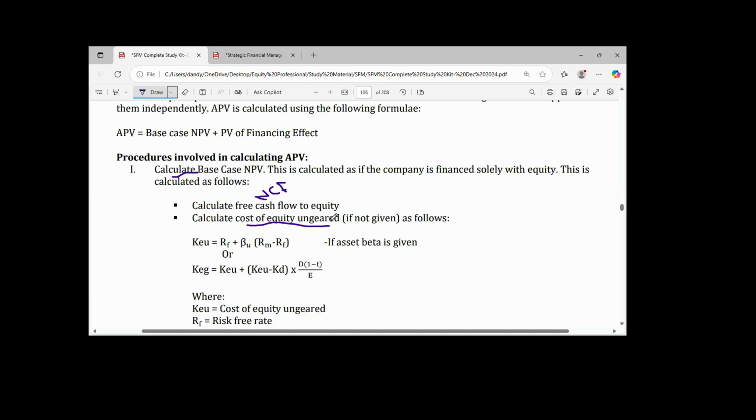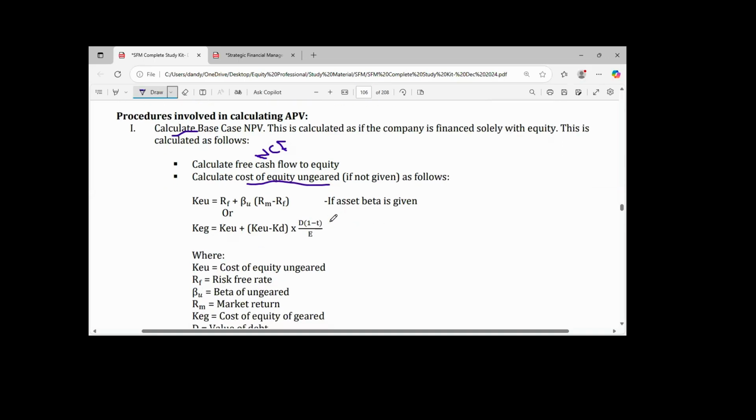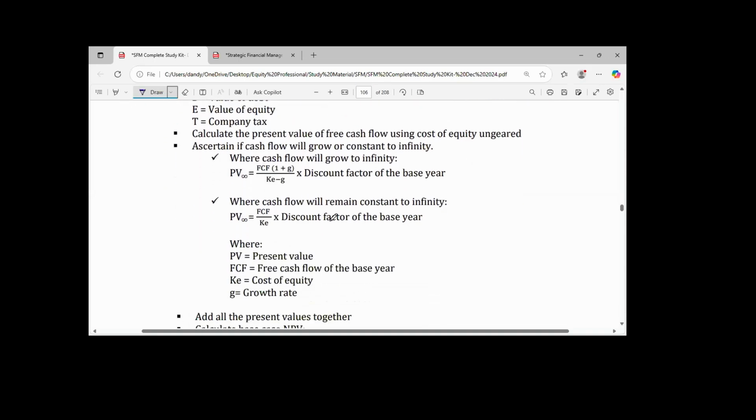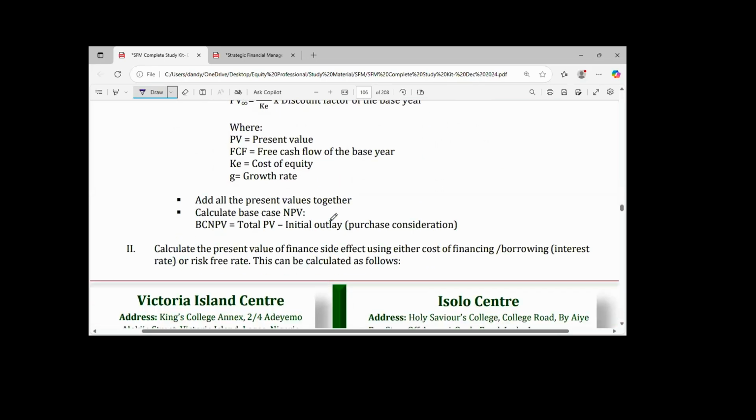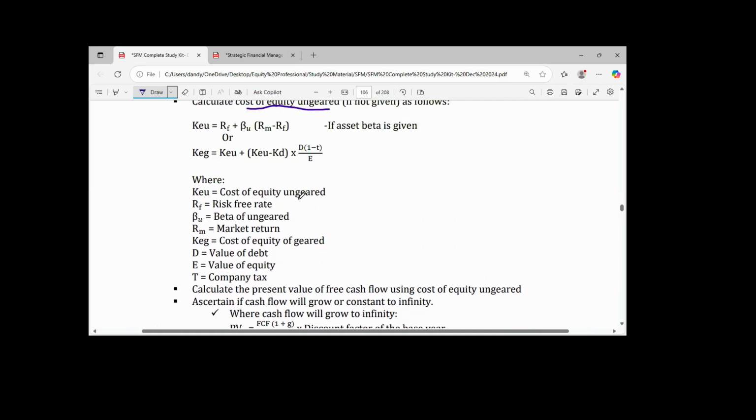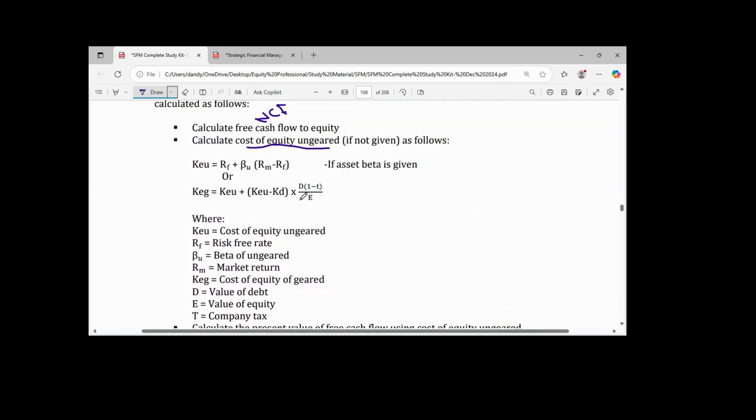Then step 2, you ungear the beta if it is geared. Then step 3, you calculate cost of equity ungeared using CAPM. So those are the 3 procedures that you are going to carry out.